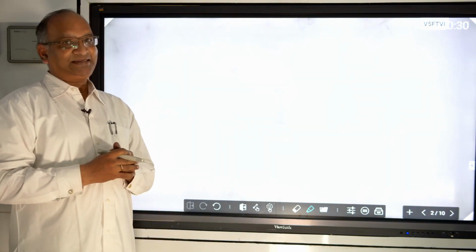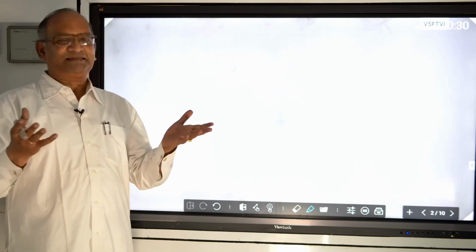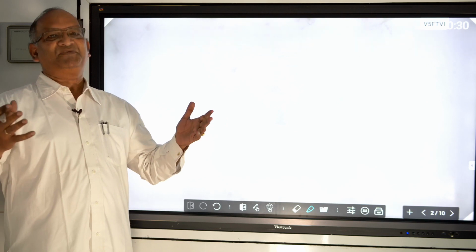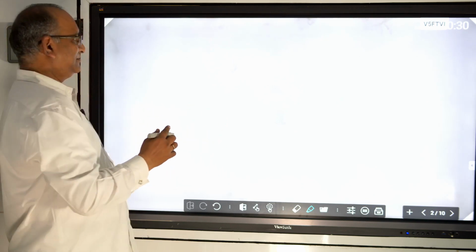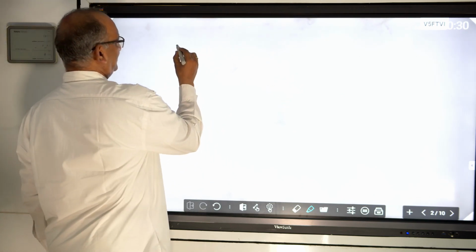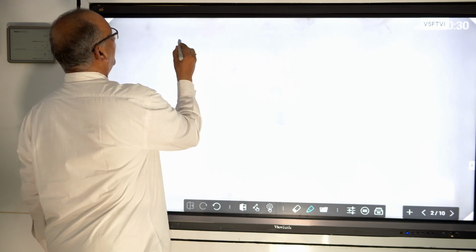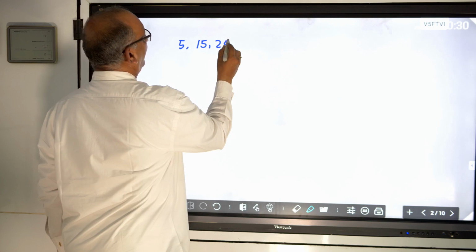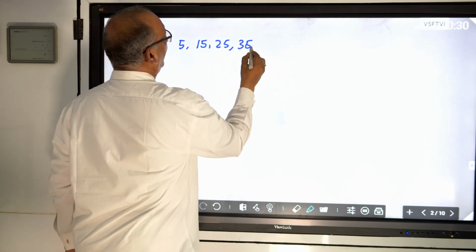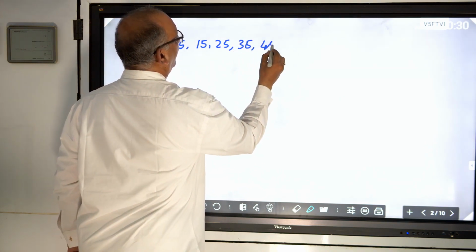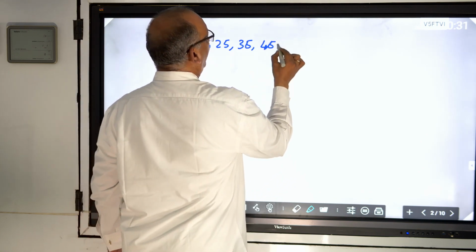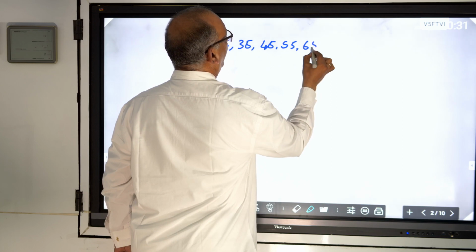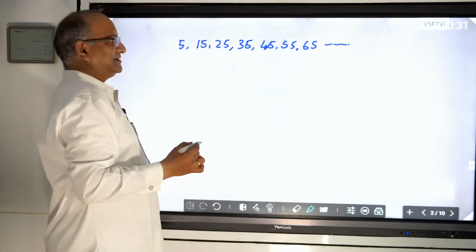So now let us see. Let us just simply take a sequence, one which is very simple for us to understand. Here is a sequence.